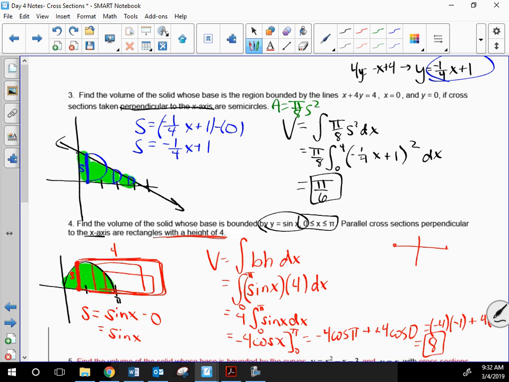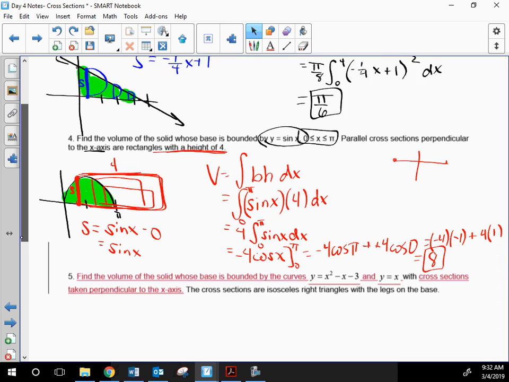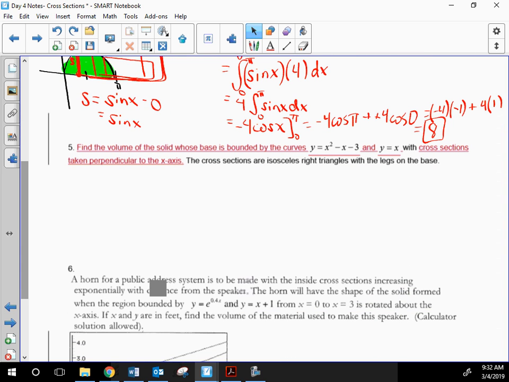Alright, let's take a look at our picture down here. Again, ignore the fact that there's some of it in red. So our base, we have a parabola and a line. Cross sections are perpendicular to the x-axis, so we're going with respect to x. Cross sections are isosceles right triangles with our legs on the base.